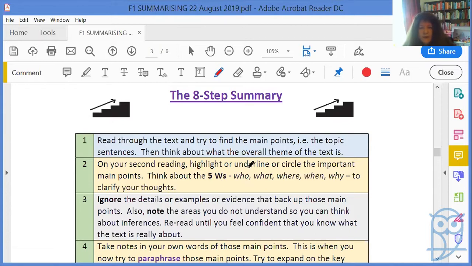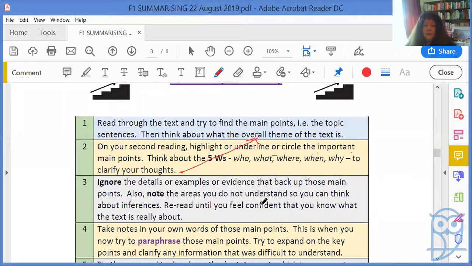If you remember what those are: who, what, where, when, and why. And this will clarify your thoughts, particularly about the overall theme. So you've read it once, you've read it twice. You're looking at highlighting or circling, underlining the main points, the topic sentences, what it's really all about.